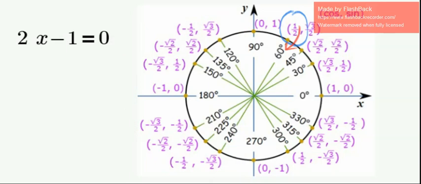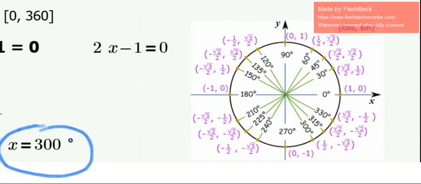But if you reflect that angle down, that will be another solution, which gives you 300 degrees, because the whole distance around is 360 degrees, and 60 degrees less than that is 300 degrees. Those are our solutions for this equation.